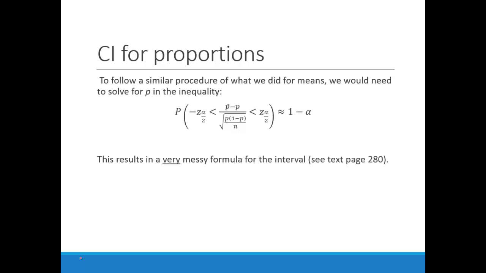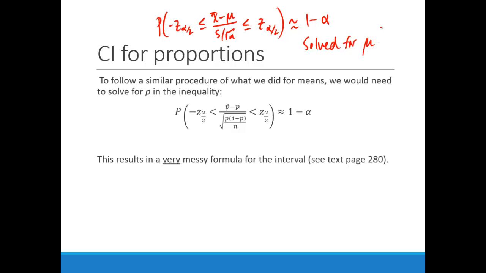And so what we did before was we solved this formula for mu. So we wanted the probability to be approximately equal to 1 minus alpha, and then we solved that for mu. That's where our other confidence interval came from.